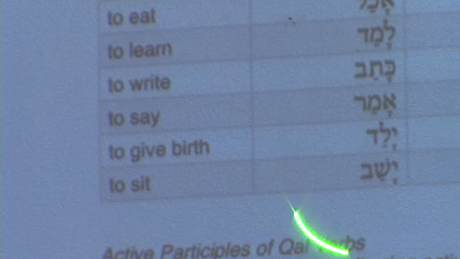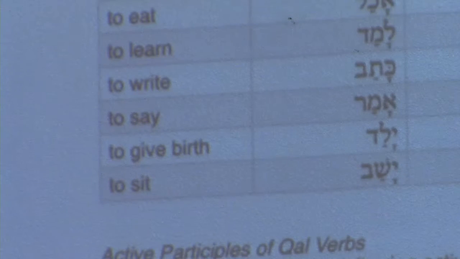Amar. Okay? To say. Then to give birth, a very important word used in so many different ways, as I'll show you here in a minute. Yalad. Next word, once again, used over and again, yashav.